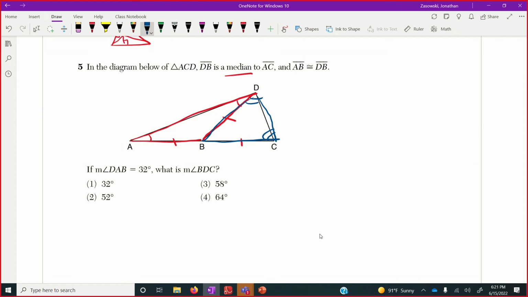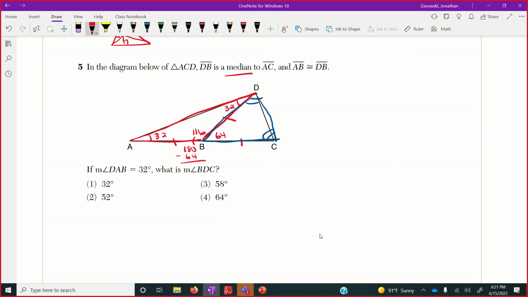So if DAB is 32, that makes this angle 32. Together that's 64. So this angle right here is the exterior angle. So this has to equal the sum of those 2. But if you didn't know that, you could get at this angle here by doing 180 minus 64. Okay, so this is going to be 116.